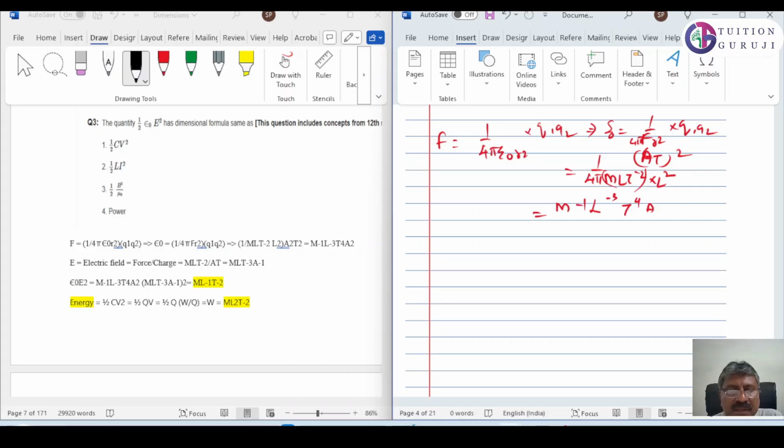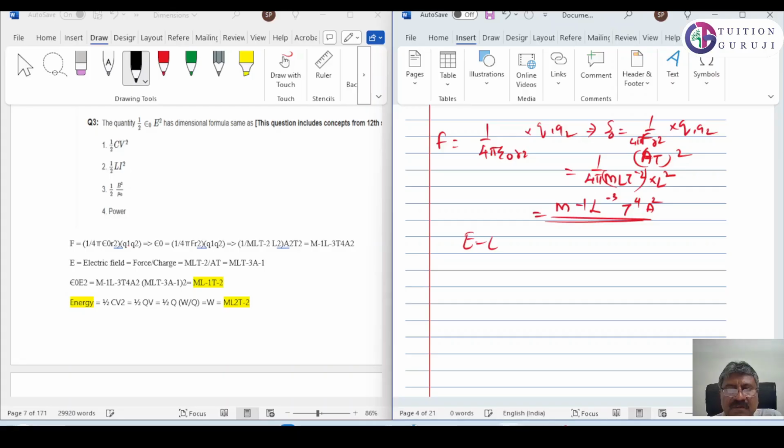Then A square is there. This is epsilon 0: M raised to minus 1, L raised to minus 3, T raised to 4, A square.